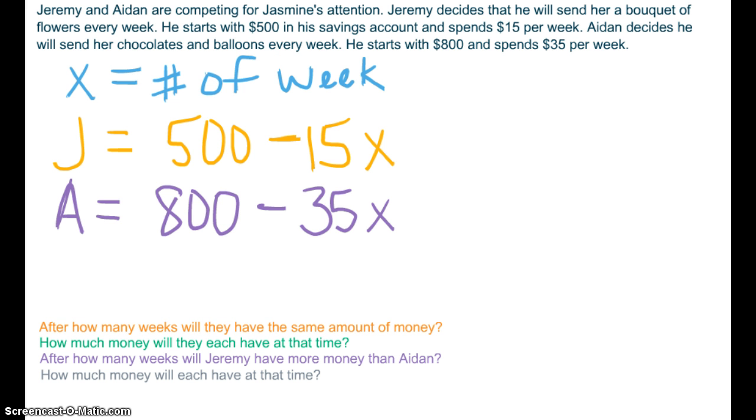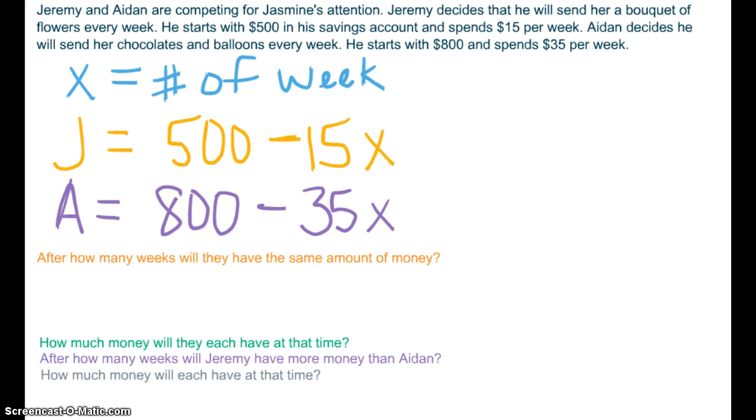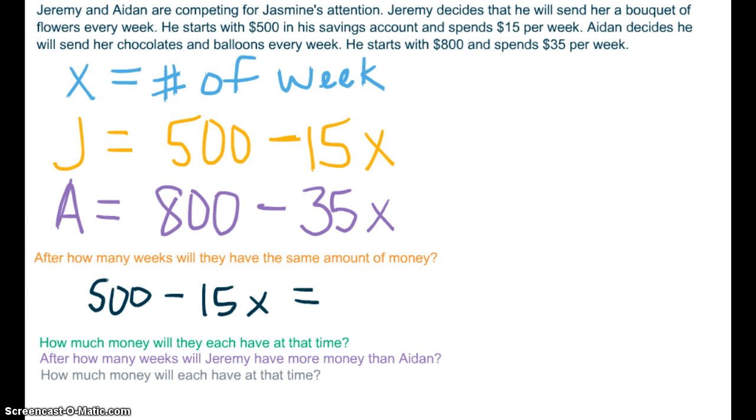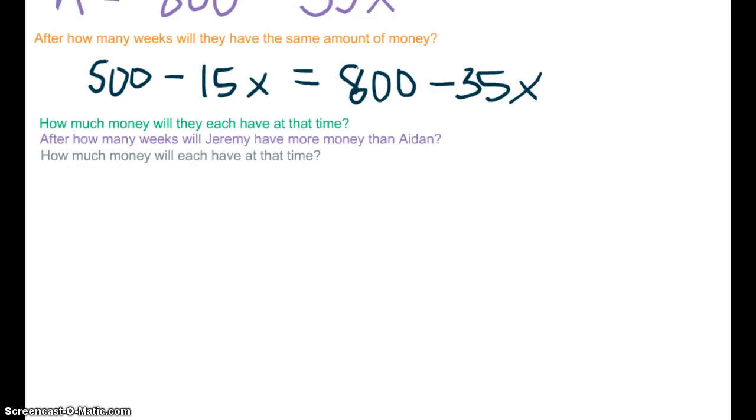So now that leads me to my first question. After how many weeks will they have the same amount of money? So I'm going to take my 2 expressions, so Jeremy, and I'm going to set both of the expressions equal to each other. And then I'm going to solve.